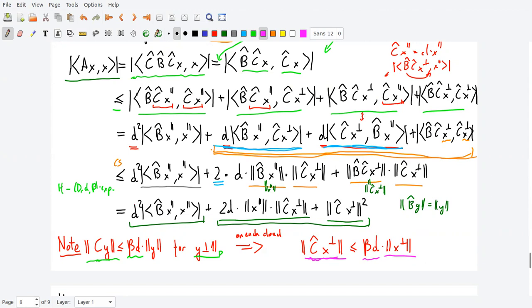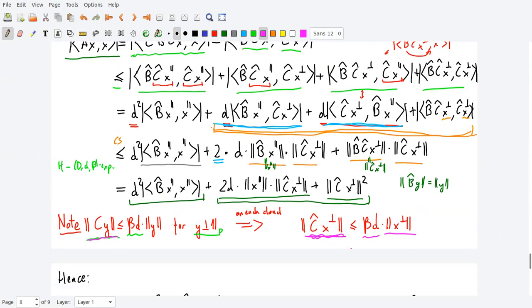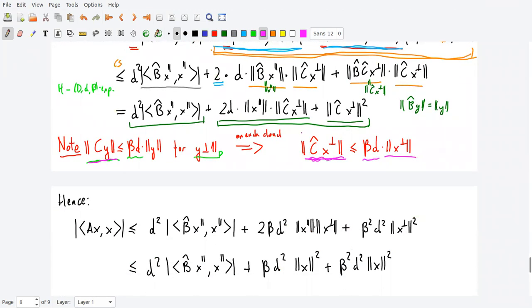Good. So this means that we can now transfer the understanding about the spectral properties of C to the spectral properties of C hat, and have a bound on C hat applied to x perpendicular.